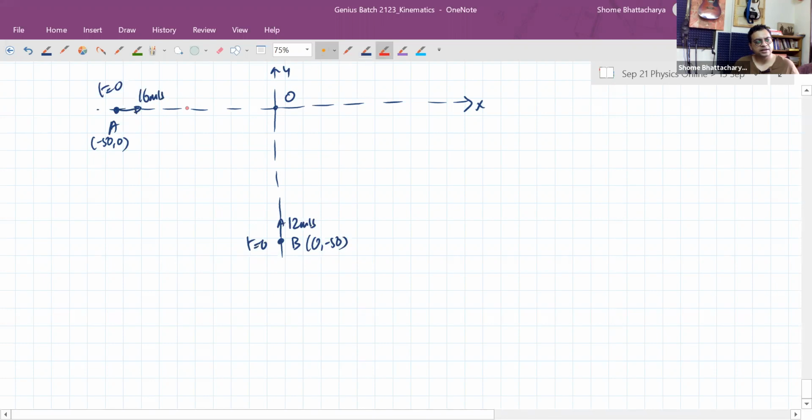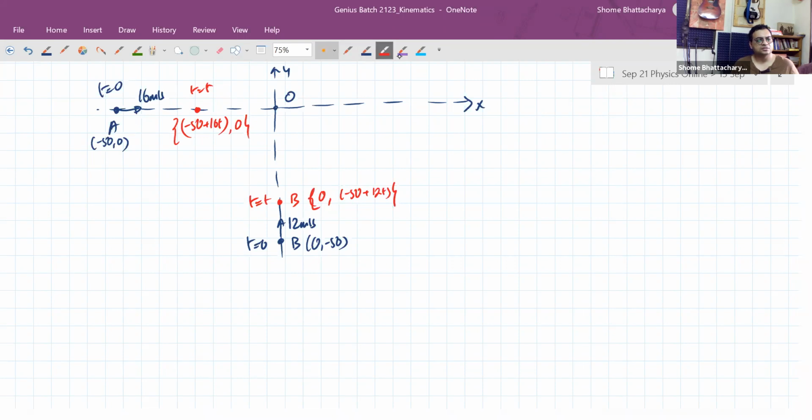Therefore, at some time t, I can see A's coordinate will become (-50 + 16t), and it's always moving along the x-axis. So the y coordinate is 0, and at that same time t, B's coordinate will have become (0, -50 + 12t).